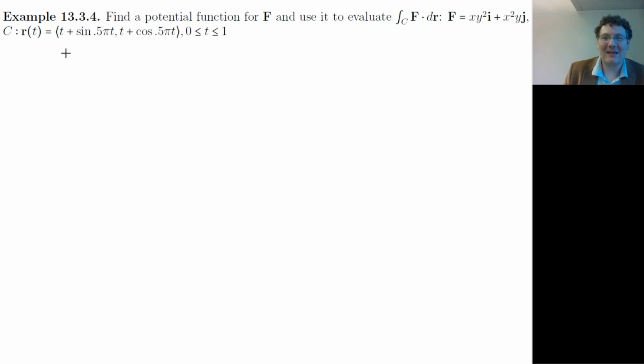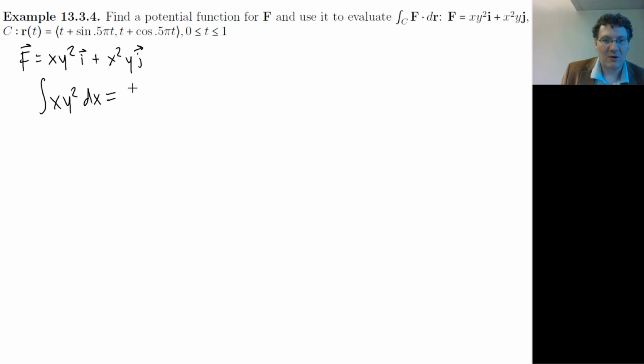So my f here is xy squared i plus x squared y j. Okay, so I'm going to integrate xy squared dx. This is going to give me 1/2 x squared y squared plus some function of y.